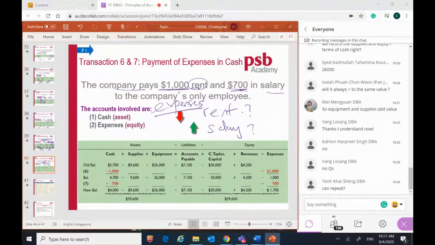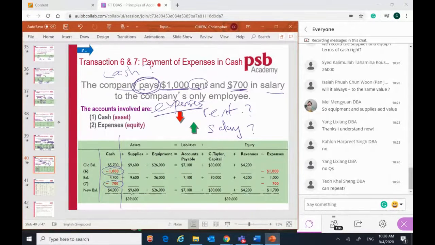Now, when the company pays, can you tell me you use what to pay? You use cash, right? So when you pay, the cash will go down. So look at your cash. When you pay $1,000 rent, the cash goes down by 1,000. When you pay $700 salary, your cash goes down by 700.